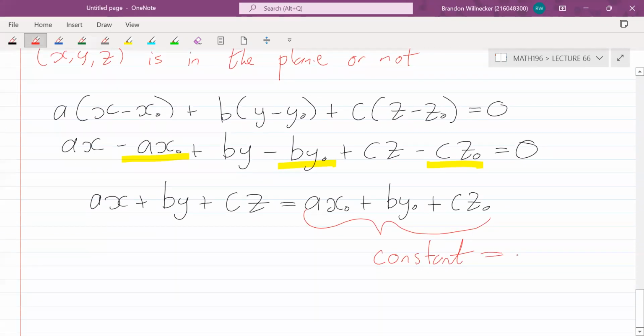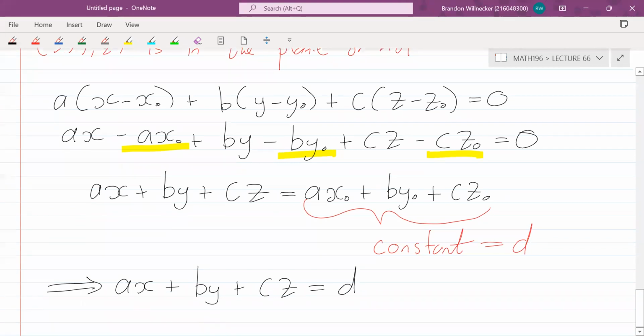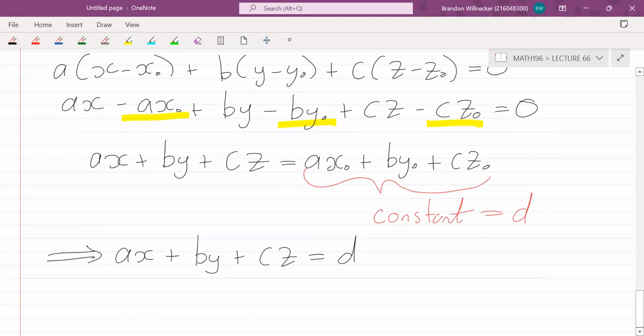So let's call this constant d. This gives us ax plus by plus cz is equal to d. And this is the form that you might see more often. So this is the equation for a plane.